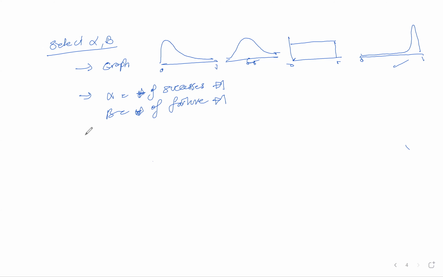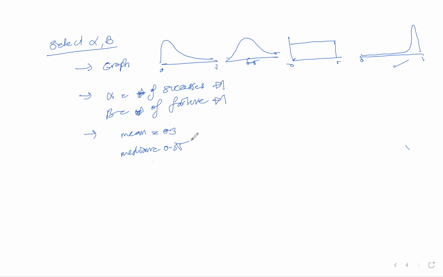Another method, one more method. Maybe you as a researcher believe that the mean of the parameter, the mean of the population proportion, is something like 0.3, and the median is something like 0.35. Those are two conditions.